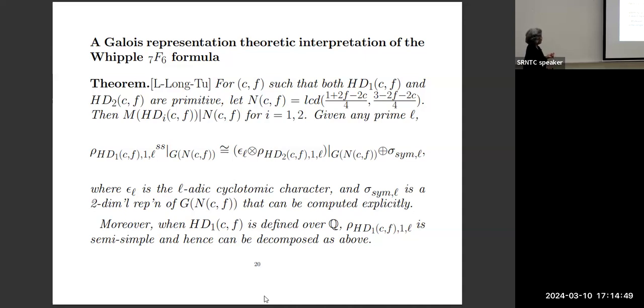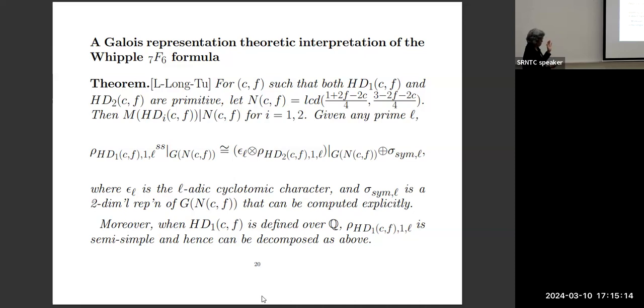And when the first datum itself is defined over Q, then we know for sure that the representation on the left-hand side is semi-simple. So we really have this isomorphism decomposing the representation. This is a relationship on the Galois representation motivated by the identity on the complex side.